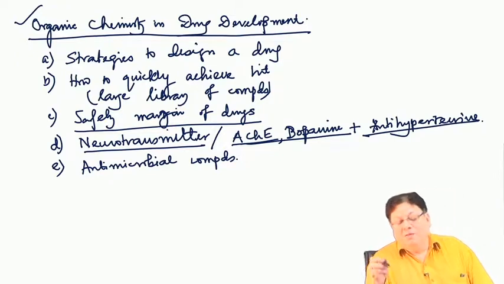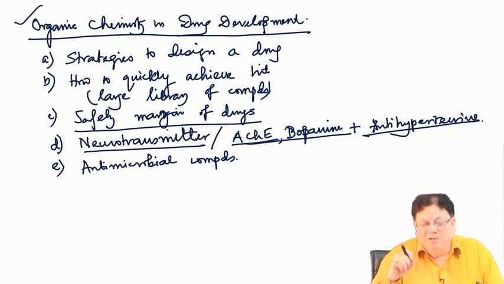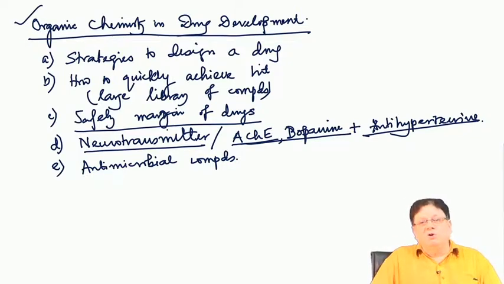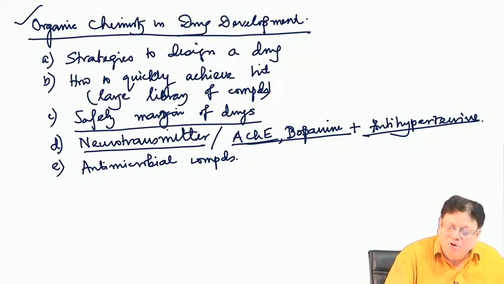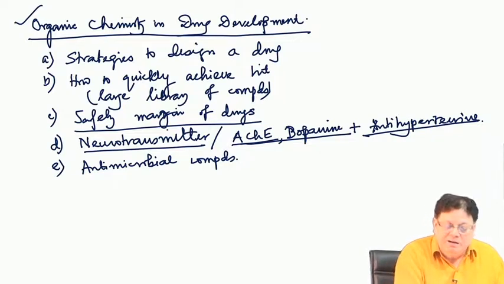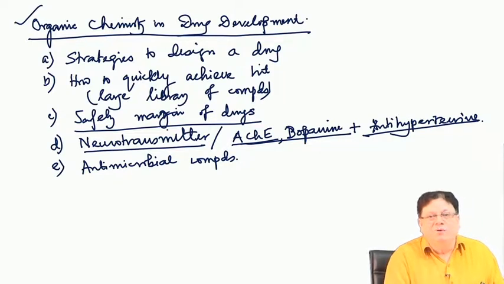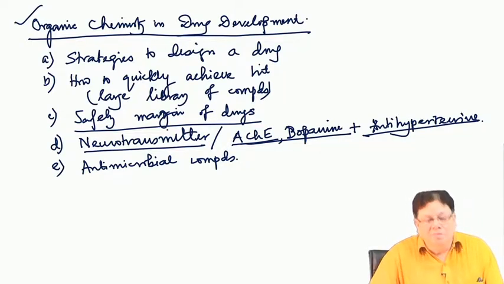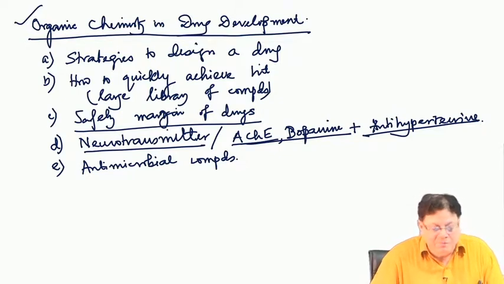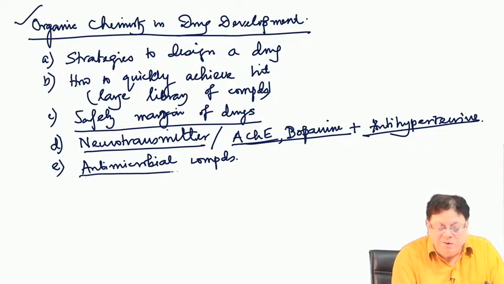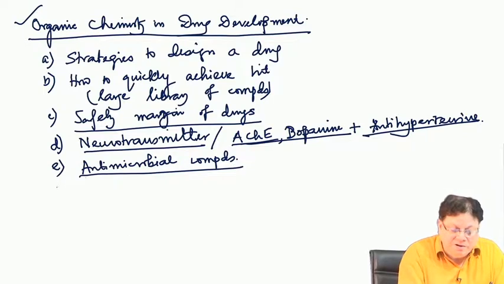Because the example that we studied is the angiotensin converting enzyme and a hormone called angiotensin 2. So, this is hormone related hypertension and this is neurotransmission related brain dysfunctions.